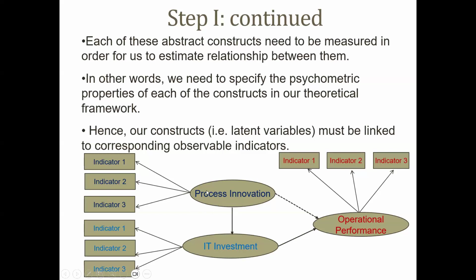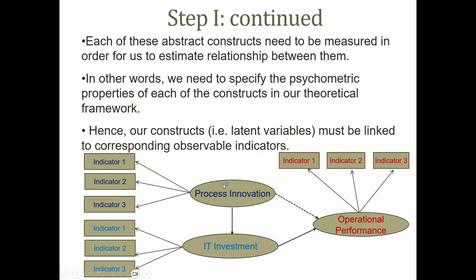So you see for process innovation, we have 1 to 3 indicators. Remember, we are still at the conceptual level, so we haven't actually defined process innovation, but we are trying to paint that psychometric picture that when you have clearly defined process innovation, it will involve the key features of process innovation which we can observe on the field. And those observable features of process innovation are what we call the indicators.